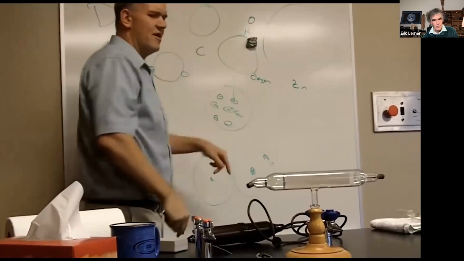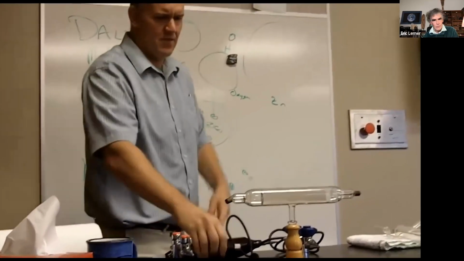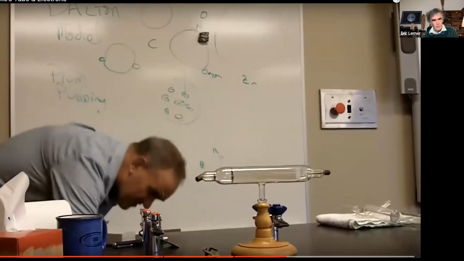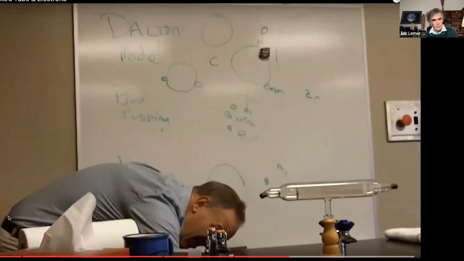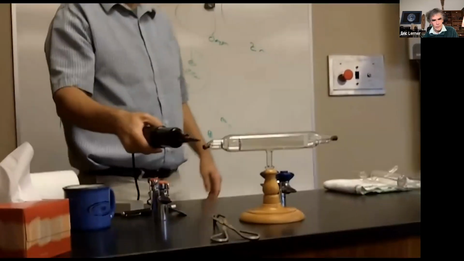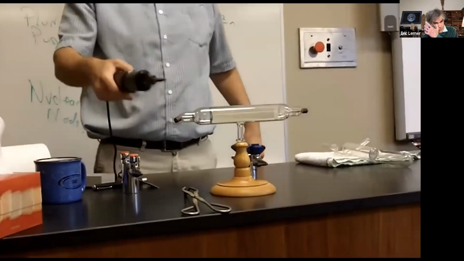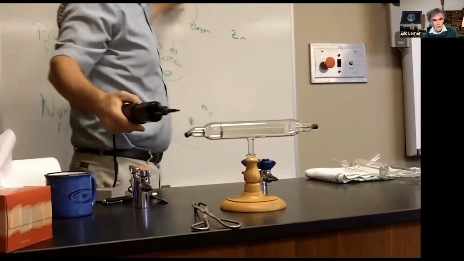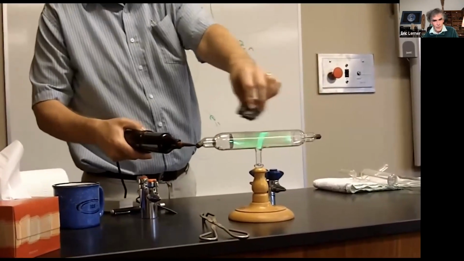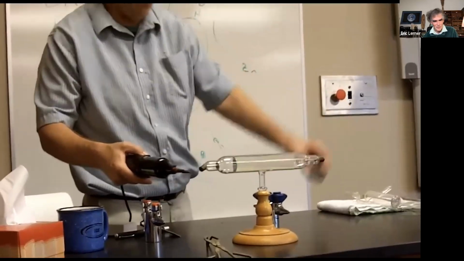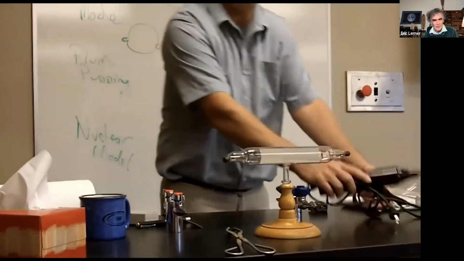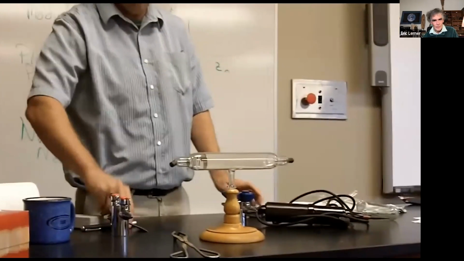So why does some light get deflected by a magnet and some other light doesn't? Why is that? What's the primary difference? Does anybody know what is different about that light from this light?